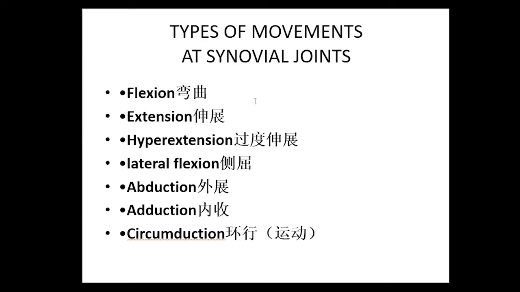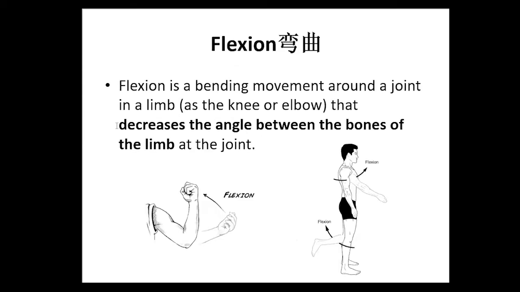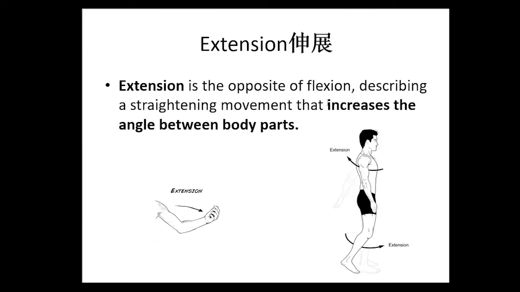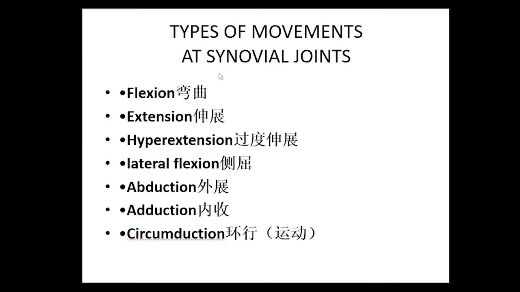If there is a decreased angle between the bones, we call it flexion. If the angle increases, we call it extension. That's the first pair. Then we talk about hyperextension.